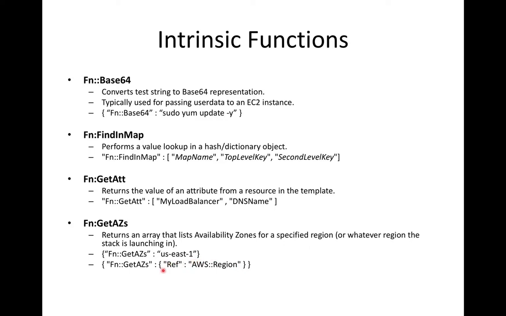So if you launch this template in US East 1, then this reference call will return US East 1, and then this GetAZs function will execute based on that value and return the same thing as this first function call.